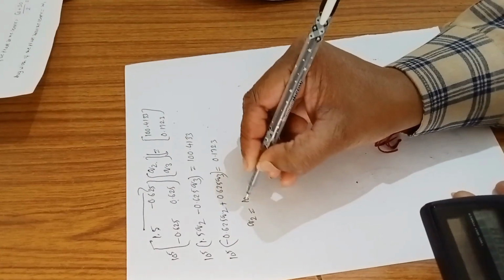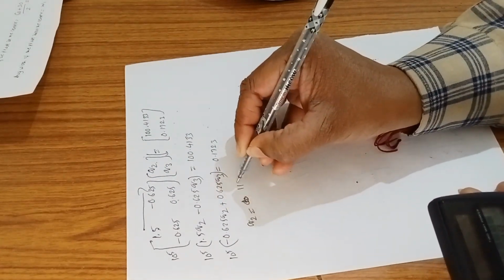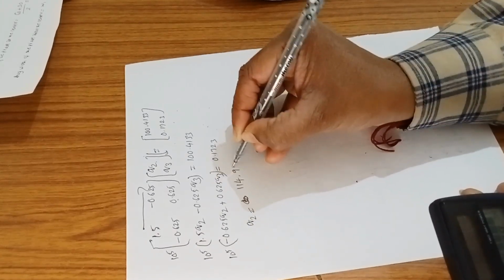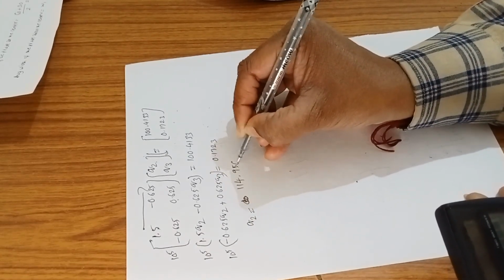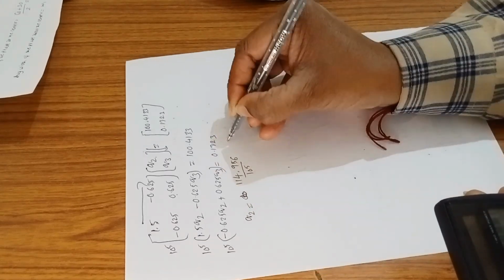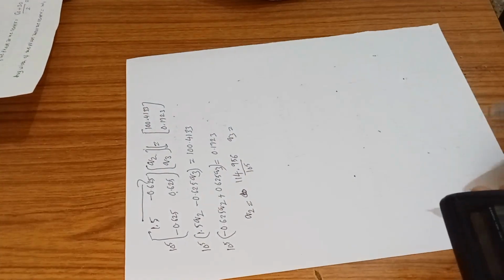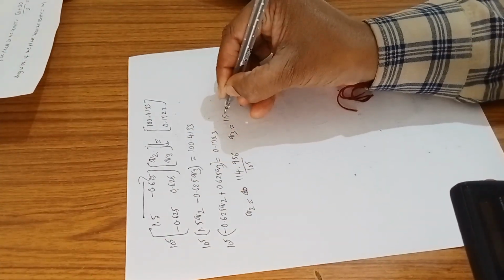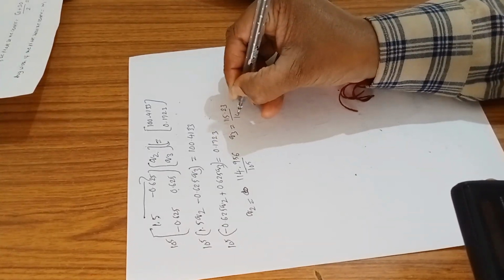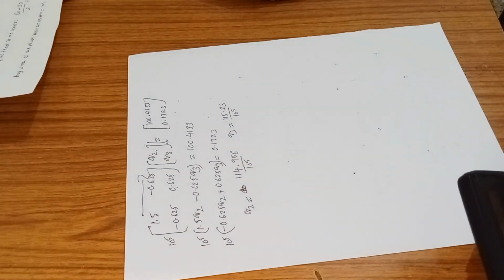So finally I get the value of q2 as 114.956, that I'm going to divide with 10 power 5, and q3 I'm going to get the answer as 115.23, that I'm going to divide with 10 power 5, because that is going to be the final answer.